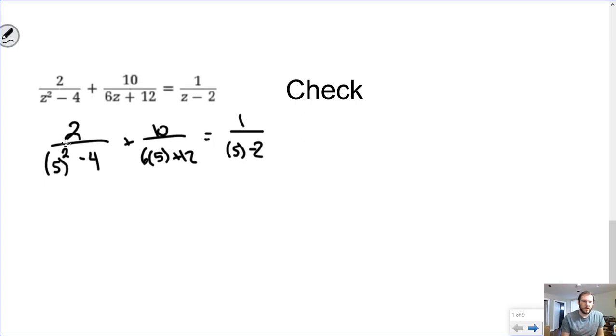All right, so now we're just going to take it one step at a time. So 2 over 25 minus 4 plus 10 over 30 plus 12 is equal to 1 over 5 minus 2, which is 3.